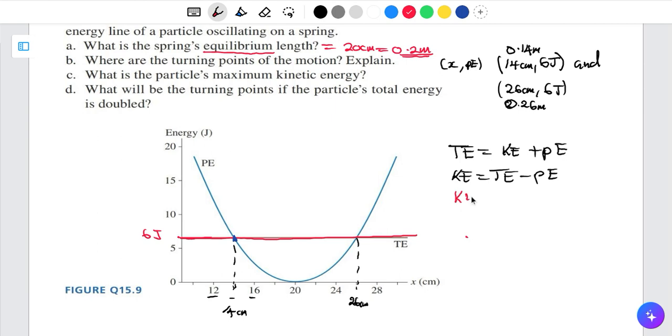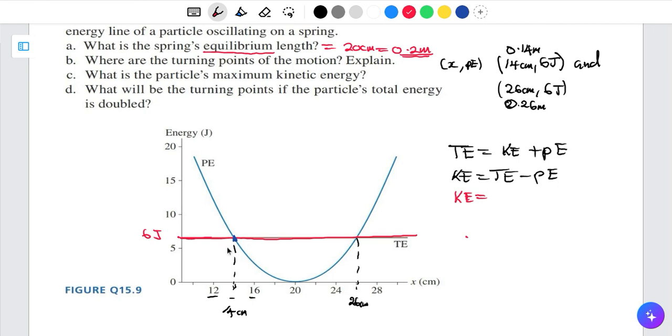So kinetic energy is equal to the total energy. If you use the law of conservation of energy, the total energy doesn't change. So if the potential energy at this point was 6 joules, the kinetic energy here is also going to be 6 joules, because the potential energy decreases as the height decreases.